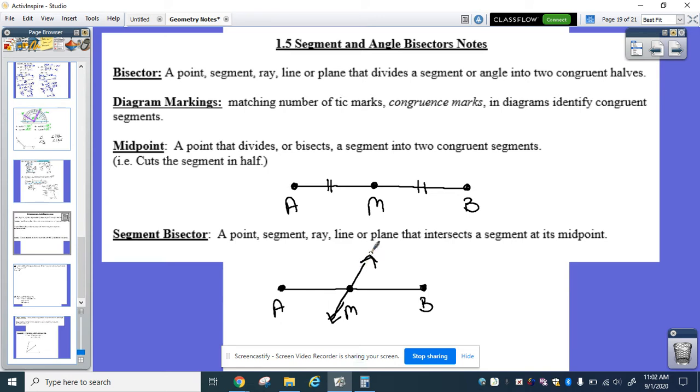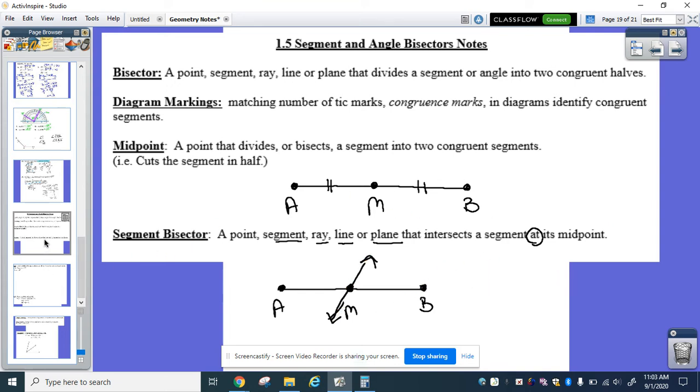The bisector can be a segment, a ray, a line, or a plane that intersects at the midpoint. The midpoint is just an individual spot. The segment bisector is going to go through that point.